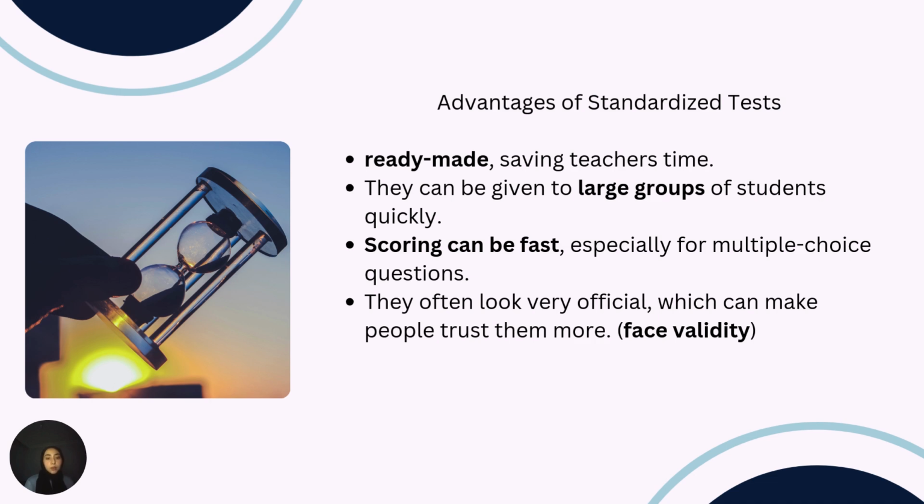They often look very official. What does it mean? Face validity. At first glance, you see the test and you can say yes, it's a valid test, but you cannot see the small problems at first glance.